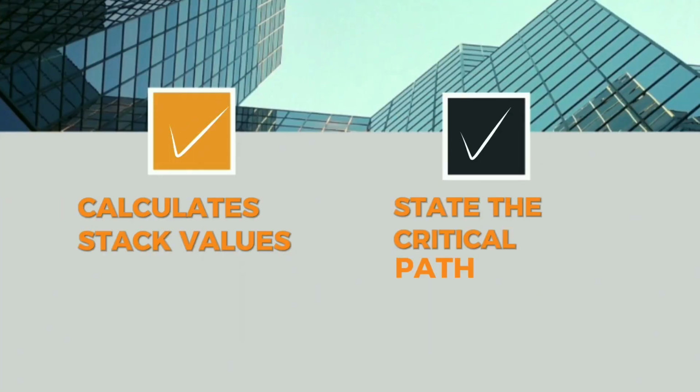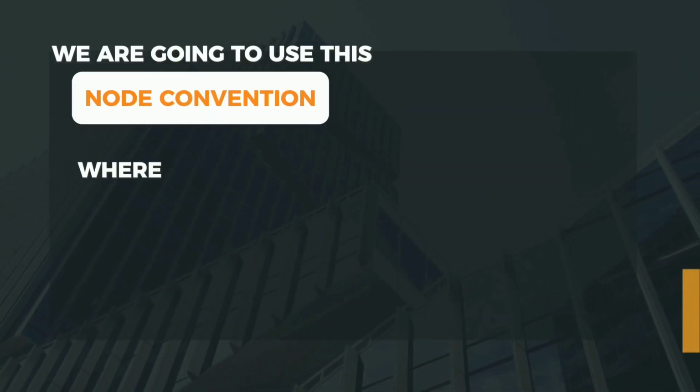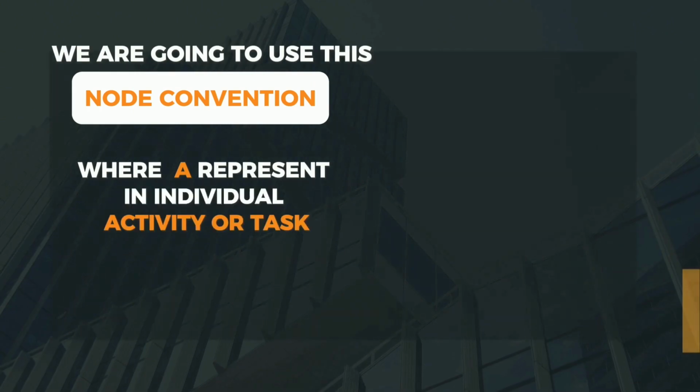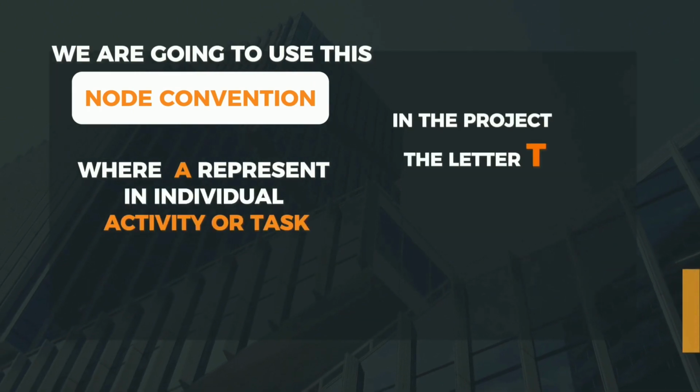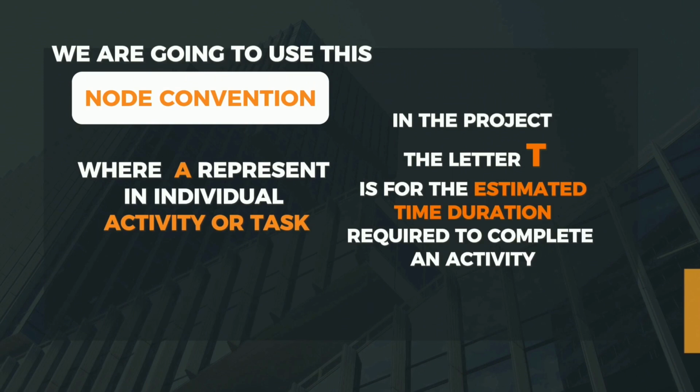To state the critical path, we are going to use this node convention, where A represents an individual activity or task in the project. The letter T is for the estimated time duration required to complete an activity.